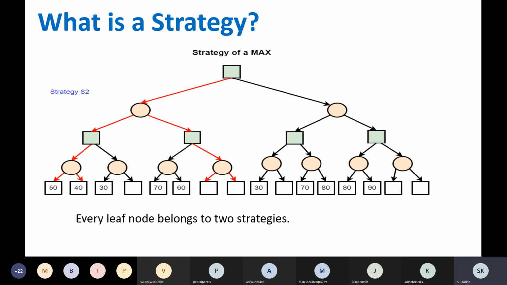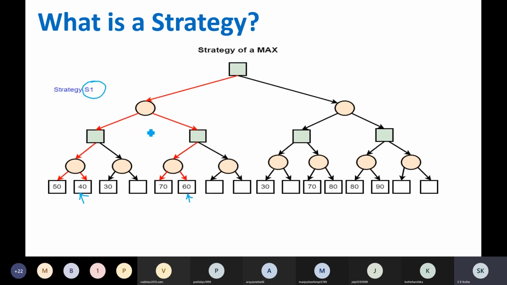Similarly, you can have strategy S2. Now what is strategy S2? Similar to this, go back. This was strategy S1, the red color one.